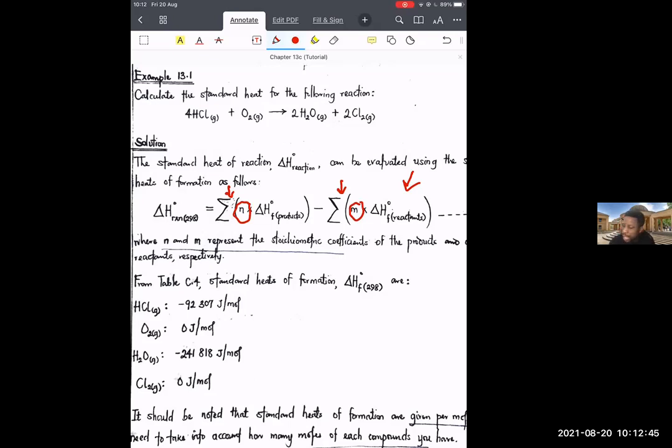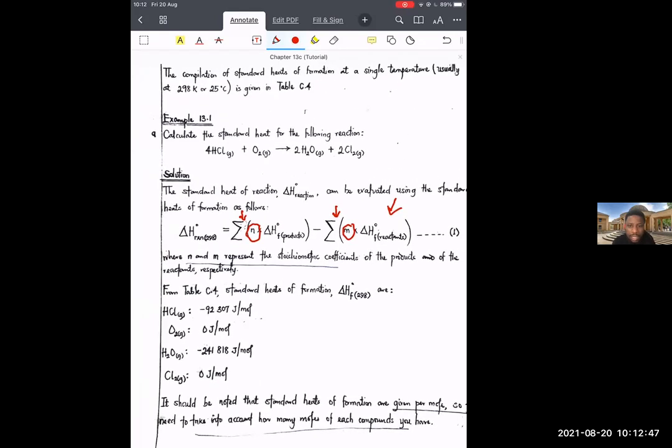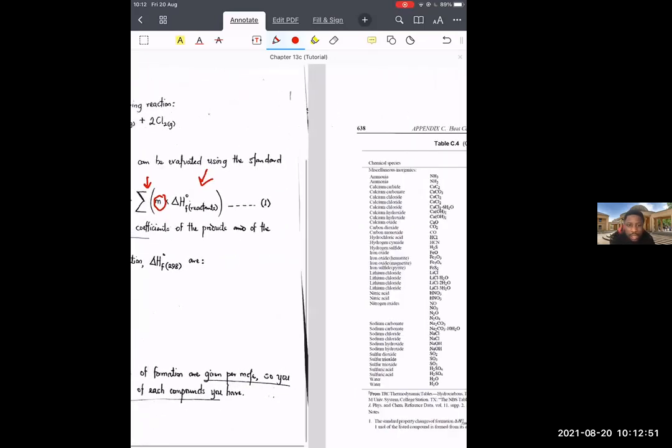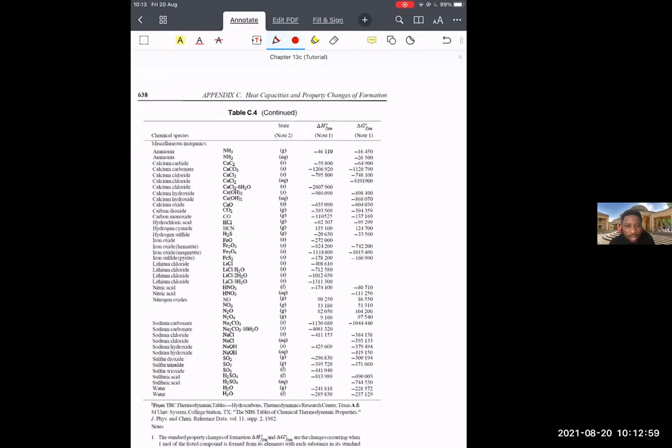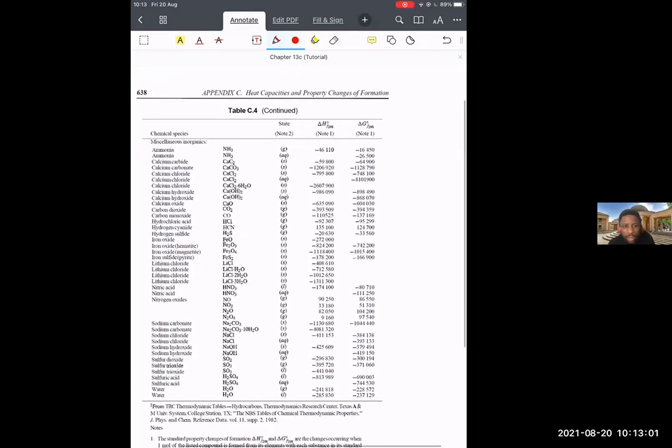Having said that, let's look at our table, which you've been provided with. We need to look at the compounds in the table. We're looking for hydrochloric acid. There we have it. We have the heat of formation at 298, and remember, it's at 298.